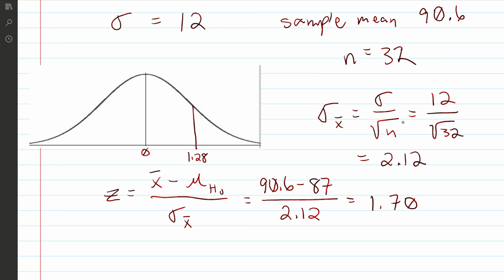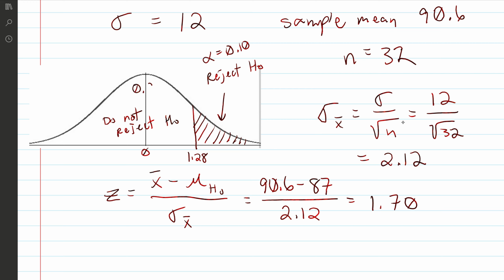Anything in this region here, we would say let's reject H naught, and this is where alpha is 0.10. Anything in the white area is do not reject H naught, and this is 0.90, from 1 minus alpha.